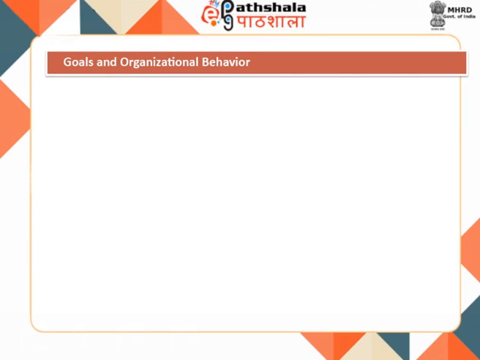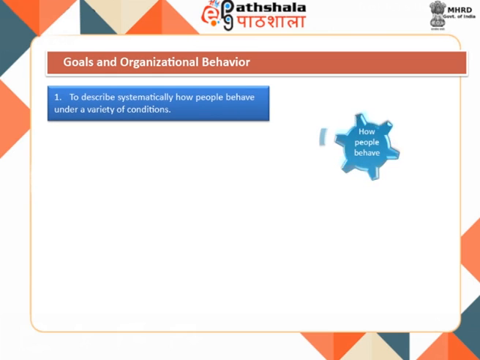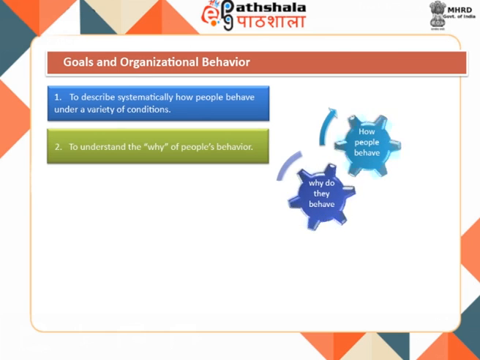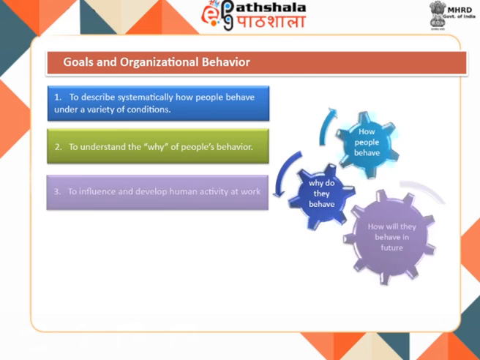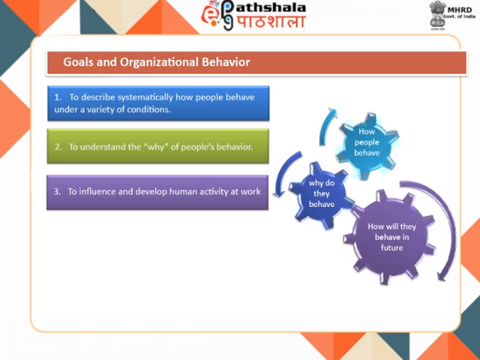Like all other sciences, organizational behavior has certain specific objectives. The first one being a systematic description of how people behave under a variety of conditions. The second goal is to understand the why of people's behavior. Another goal is to influence and develop human activity at work.